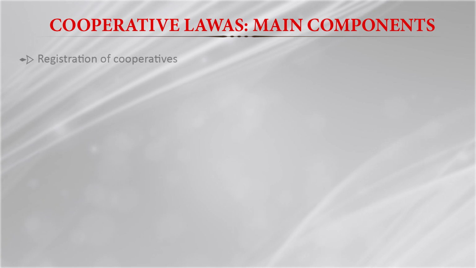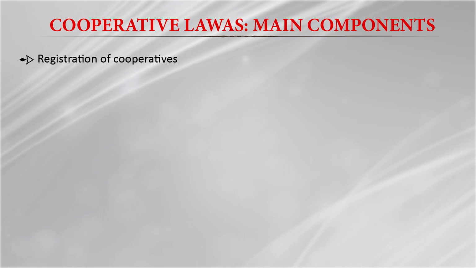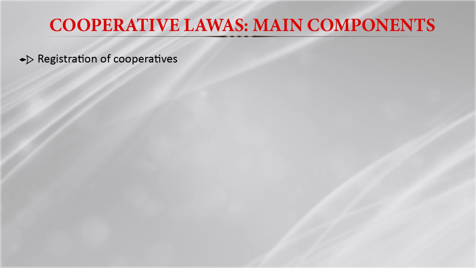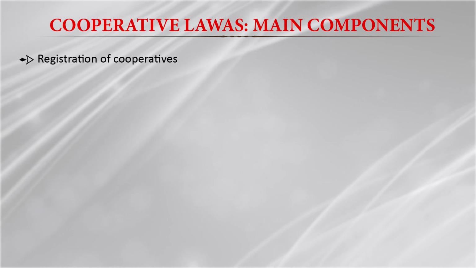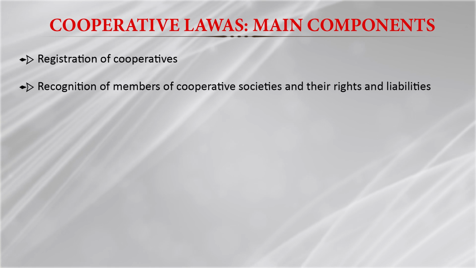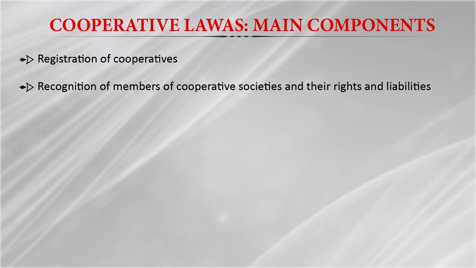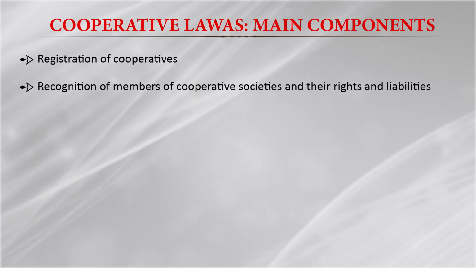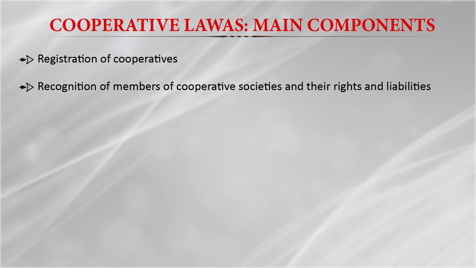And the main components of cooperative laws: when we frame the cooperative laws, they carry information about the registration of the cooperative, how the cooperative will be registered if anybody wants to start a new cooperative, and then recognition of the members of the cooperative societies and their rights and liabilities. So who will be the members, and their role and responsibility, are defined in the cooperative law.